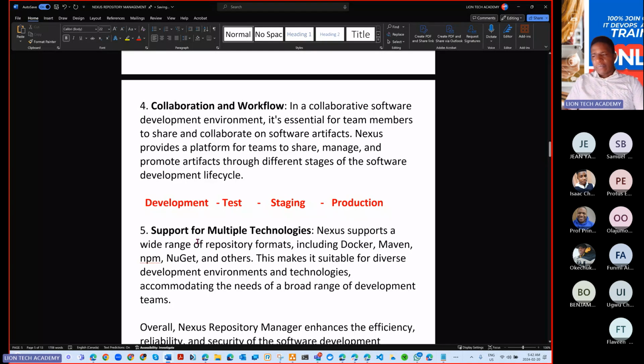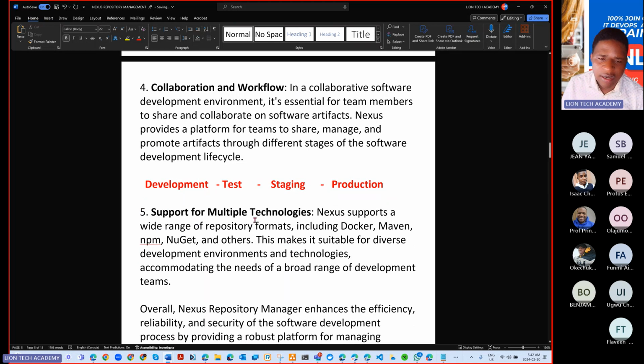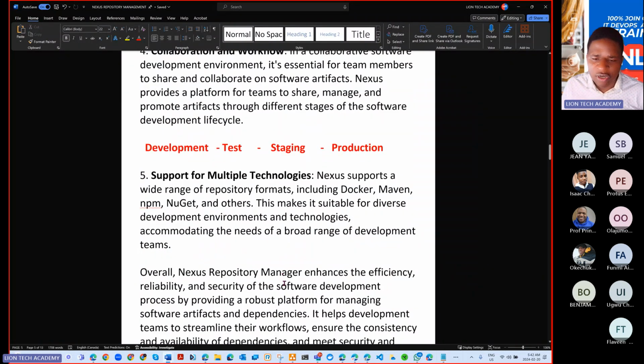Okay, so we have all of this, but again, support for multiple technologies. Nexus supports a wide range of repo formats, including Docker, Maven, NPM, NuGet, and others. This makes it suitable for a diverse development environment, accommodating the needs of a broad range of development teams.